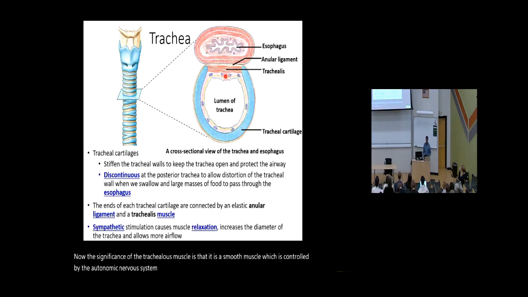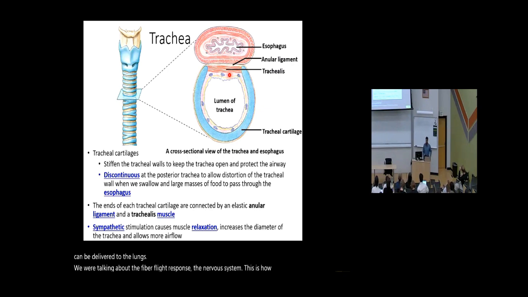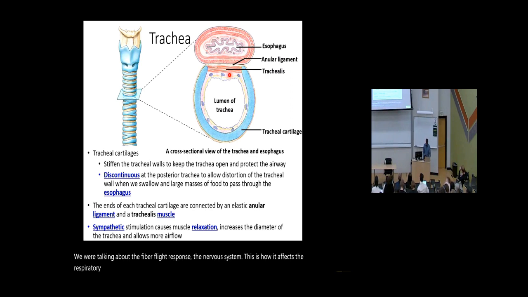So whenever you have the fight or flight response and you have sympathetic stimulation, it is this muscle which relaxes, and that ensures that more air can be delivered to the lungs. Remember talking about the fight or flight response, the nervous system? This is how it affects the respiratory passageway.